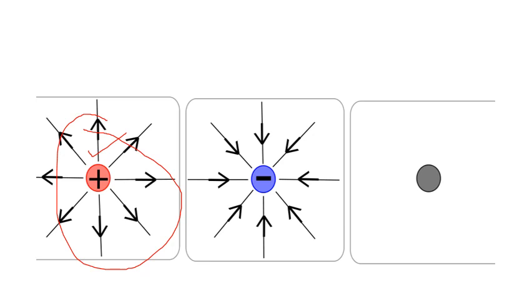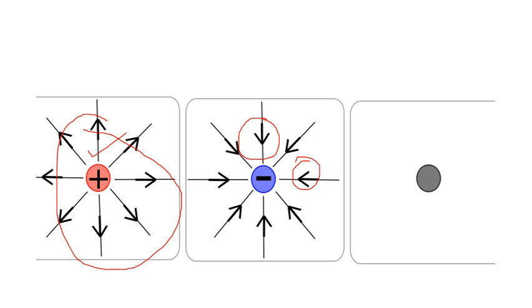See the second figure. Concentrate on any arrow. The arrow is in inward direction. All the arrows are moving inward. This shows that this is a negative charge.